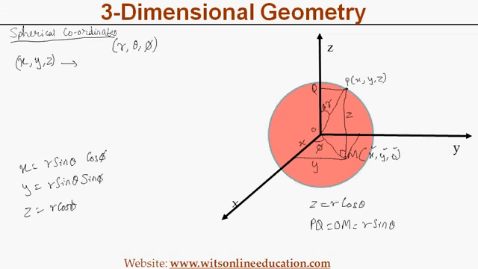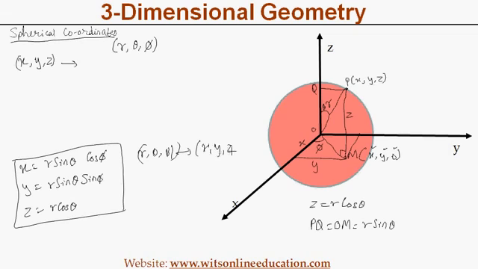So this gives the relation between x, y, z and r, theta, phi, and also a method of converting r, theta, phi to x, y, z, that is, conversion from spherical coordinates to Cartesian coordinates. Now we'll see how we can find r, theta, phi in terms of x, y, z.